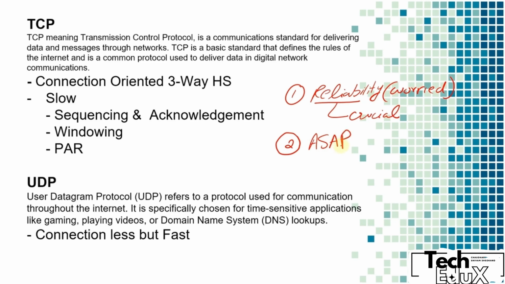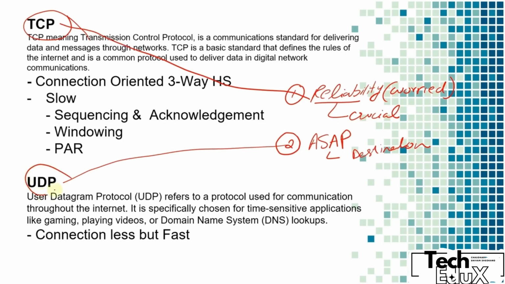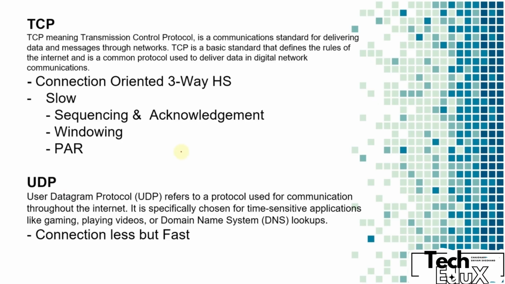So in networking, we have multiple choices. The first one is reliability, where you are worried about your data. This is very crucial data that you want to deliver to the destination without any error. So this is one possibility.